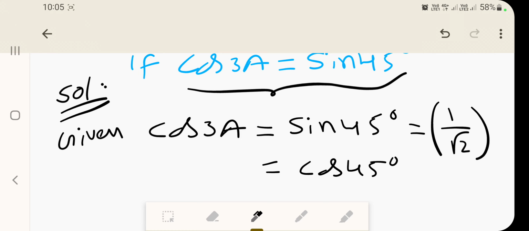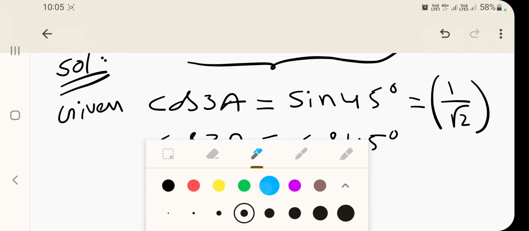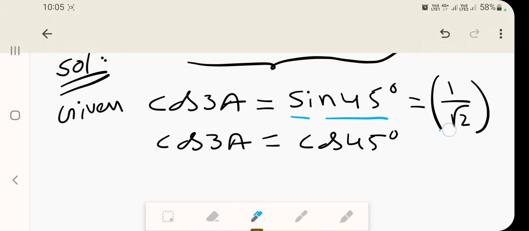On the left hand side we have cos 3A, and on the right hand side we have cos 45 degrees, because sin 45 is 1 by root 2 and cos 45 is also 1 by root 2. So we can replace sin 45 directly with cos 45.